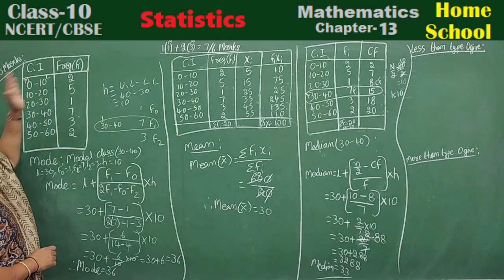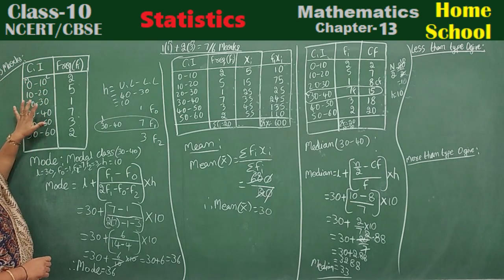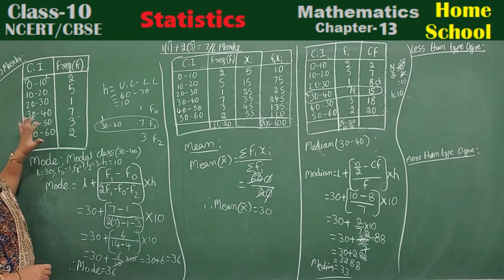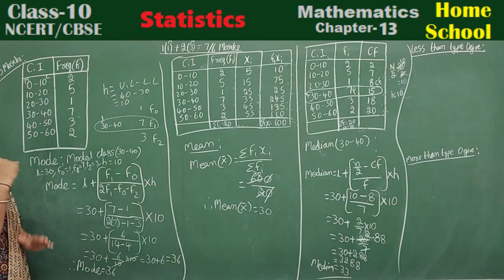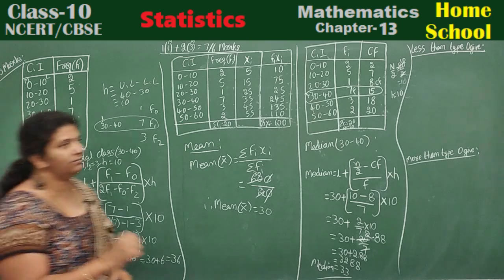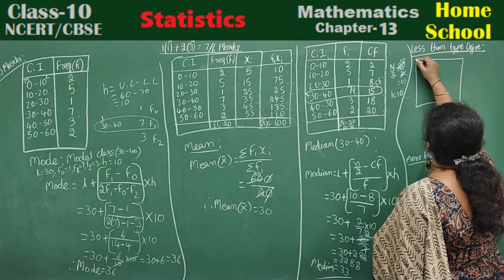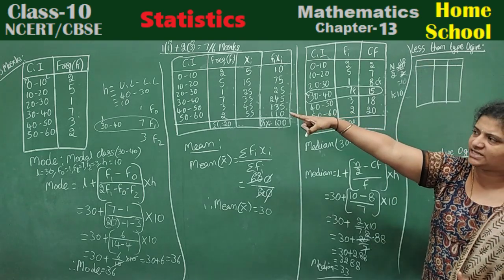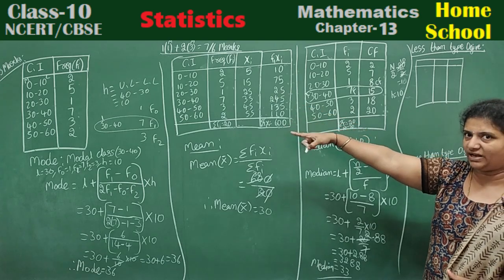Less than, which one I need to take? This one. Less than 10, less than 20, less than 30, less than 40. See, the question is here. By seeing this question, again we need to draw another table. That is, let me take the table here. Class interval, which limit we are taking? 0 is lower limit, 10 is upper limit.